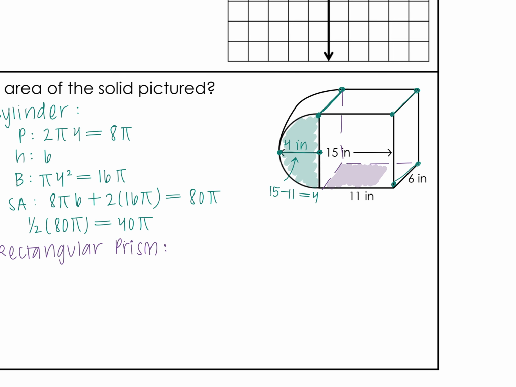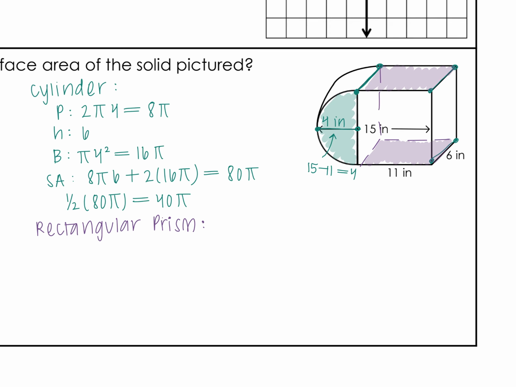Like I had mentioned when we did number 1, I'm going to use this one and the one that it is parallel to. I use these two as my bases. So starting off for our P, we would take 2 times 11 plus 2 times 6. And so 2 times 11 is going to give me 22, plus the 12 I'll get here, I should get 34.